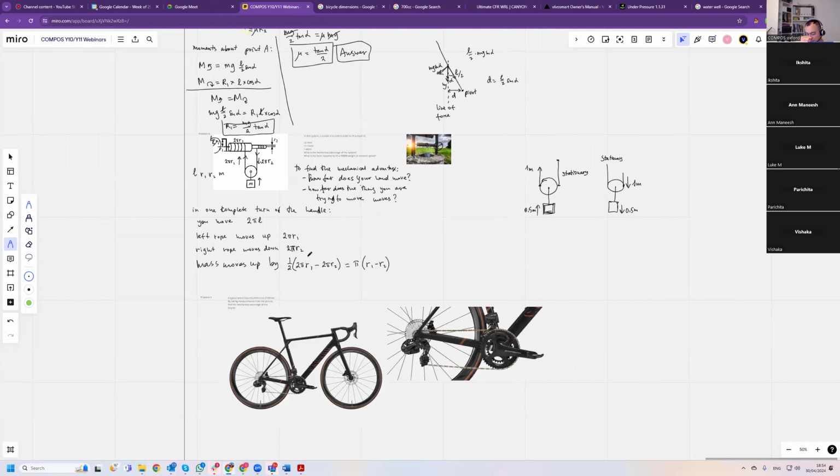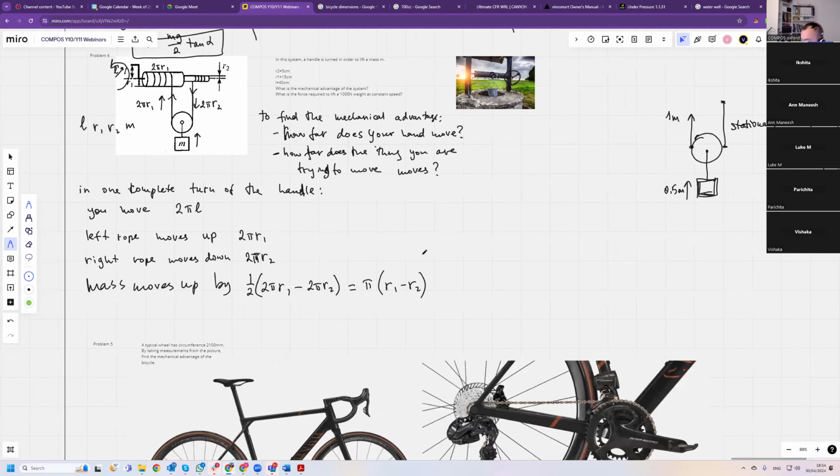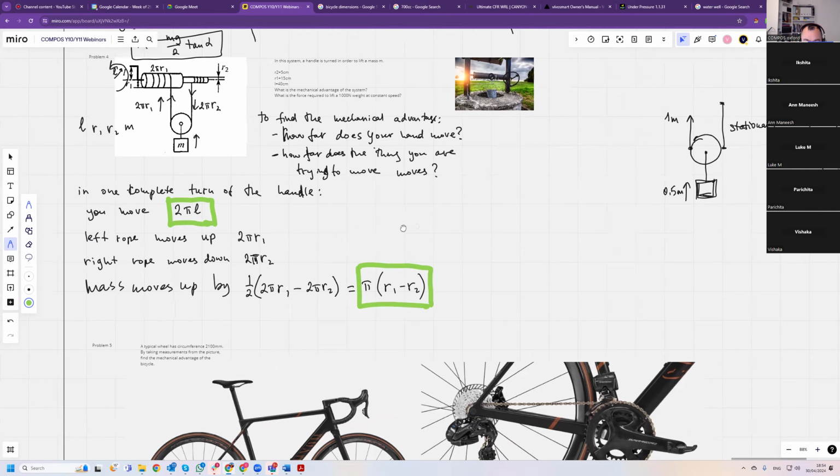So effectively, it's more like this. If I move one up, the mass slides to a different position on the rope. So that's how it goes. You end up with two numbers: how far you move, and how far the mass moves.